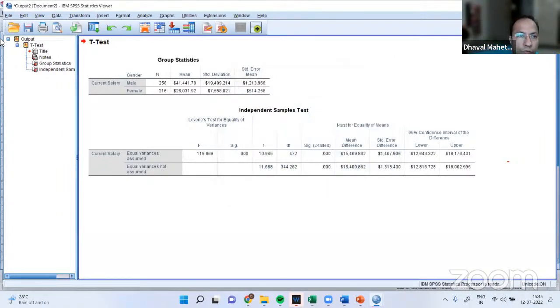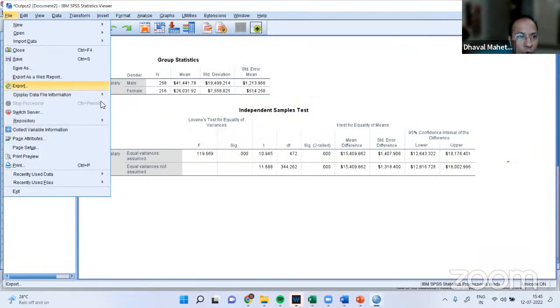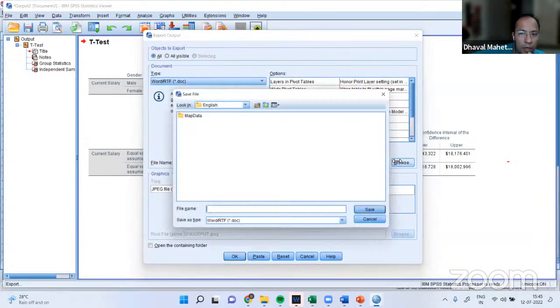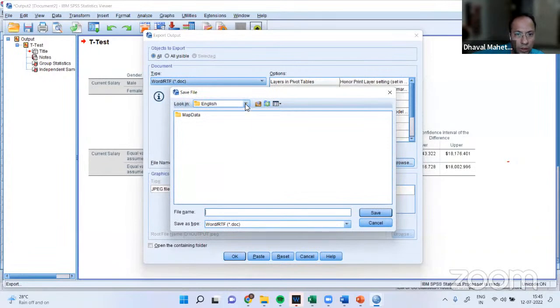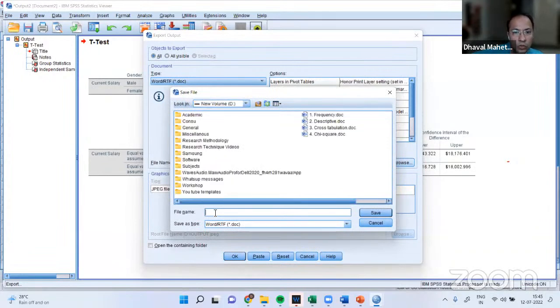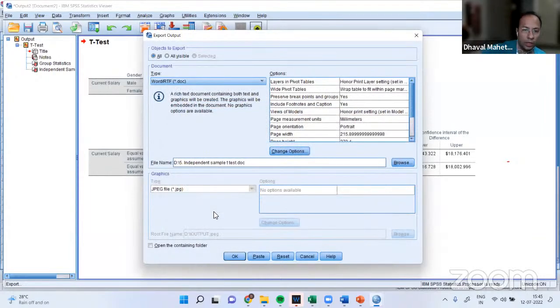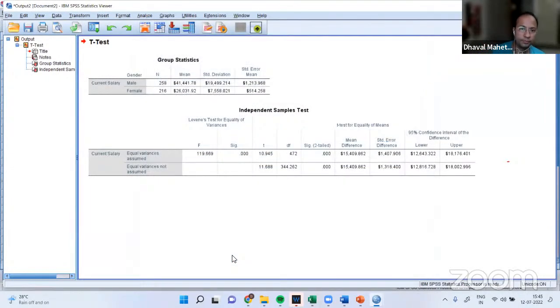Now, file, export, browse, save this as independent sample t-test. Click OK. Done.